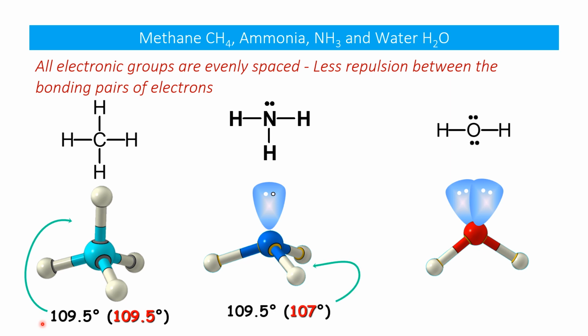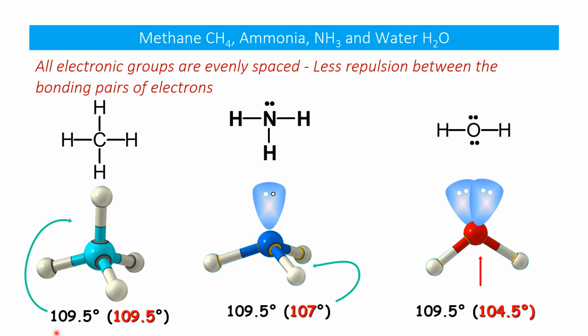On the other hand, if you look at ammonia, you will notice that the bond angle is slightly less between those NHs. Why? Because the lone pair on the nitrogen is more repulsive than the shared pair. If you look at the water, there's even a greater degree of compression.